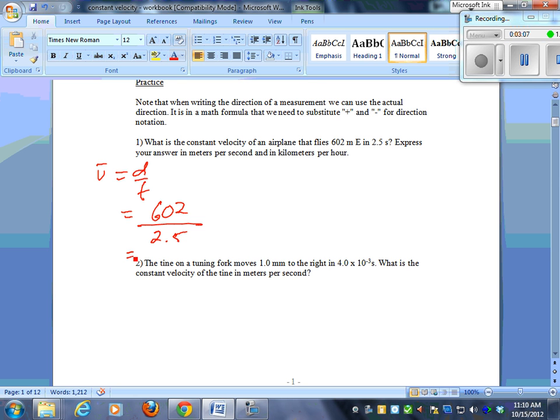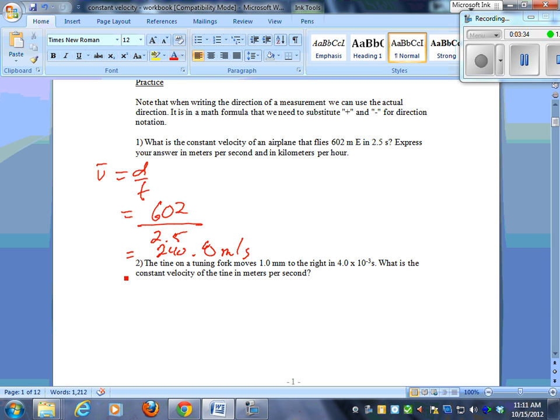There we go. So you should have an answer of 240.8 meters per second. I need to see meters per second, I need to see the formula, and I need to see the substitution. And I'd like the equal signs to be lined up. It's important. It gets more and more important.